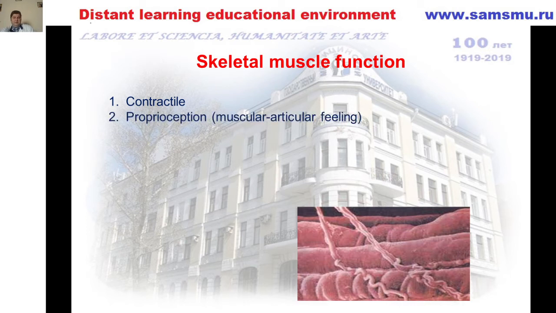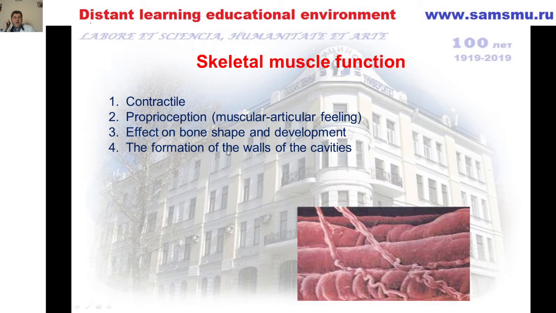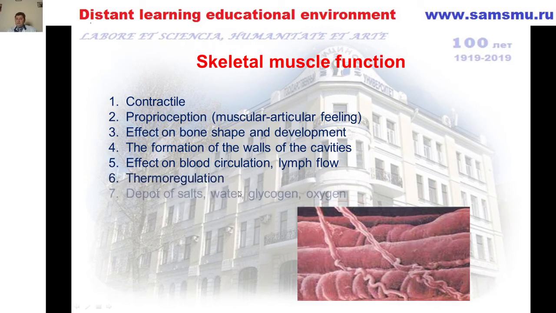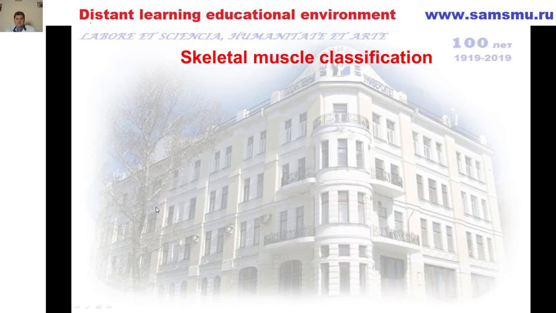Contractile, proprioception, its muscular articular feeling, effect on bone shape and development, the formation of the walls of the cavities, effect on blood circulation and lymph flow, thermoregulation, depot of salts, water and glycogen and oxygen, adenosine triphosphate synthesis, the main energetic substance in our body.